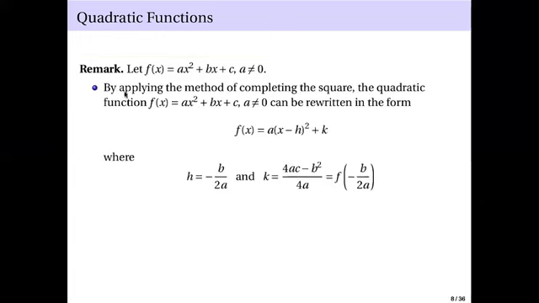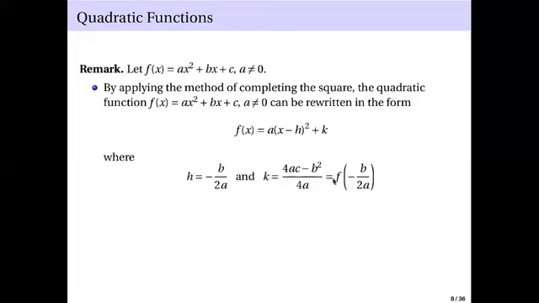Next, by applying the method of completing the square, the quadratic function f of x equals ax squared plus bx plus c, where a is not equal to 0, so we still have that function, can be written in the form f of x equals a times (x minus h) squared plus k. Here, this h is negative b over 2a. And the k here is (4ac minus b squared) over 4a.